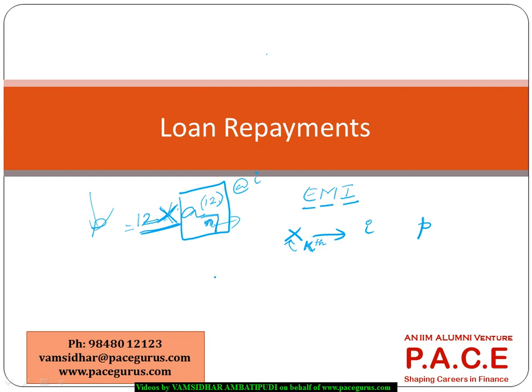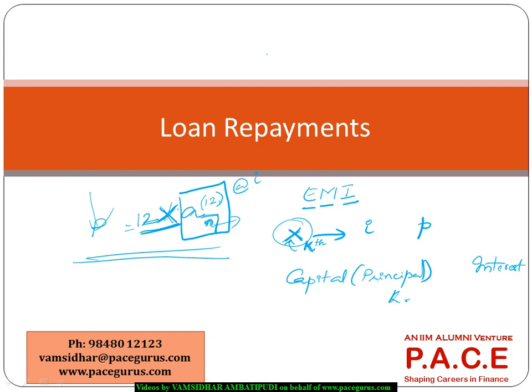Assuming this X is known, because I know the installment, once I use this formula, I can find out what is this X. Now using this X, let's say I want to know what is the capital, what is the principal. Capital is also used for that. What is the capital or the principal portion, and what is the interest portion for the K plus 1th payment.